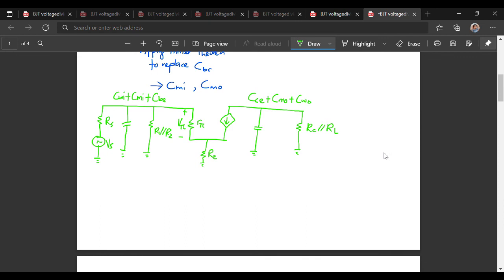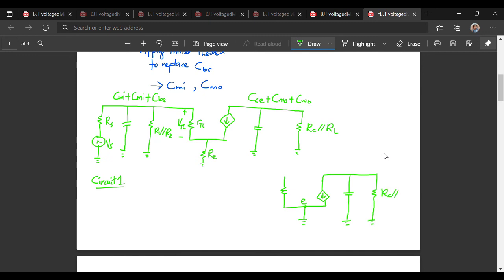We just draw. This is for circuit 1. So for circuit 2, the emitter is connected to the ground.